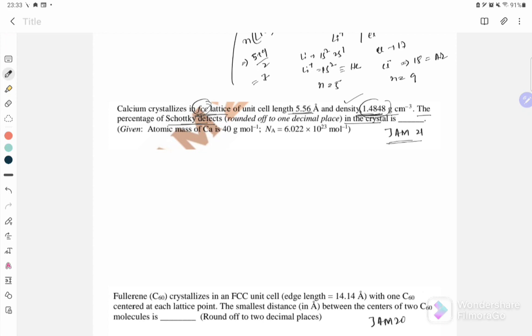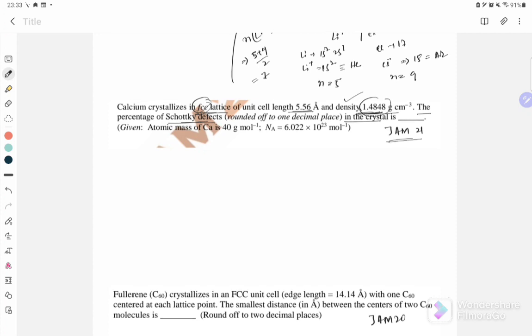From the Schottky defect there is a decrease of density, because cations and anions vanish from the lattice, so we can see a significant decrease in density. Okay, now we can calculate.